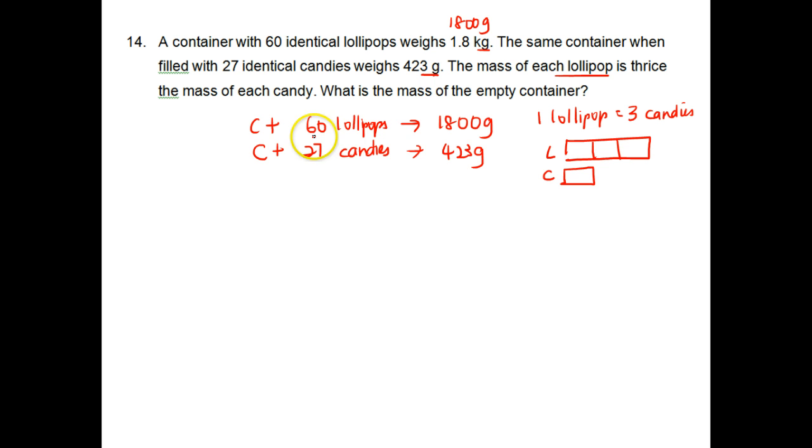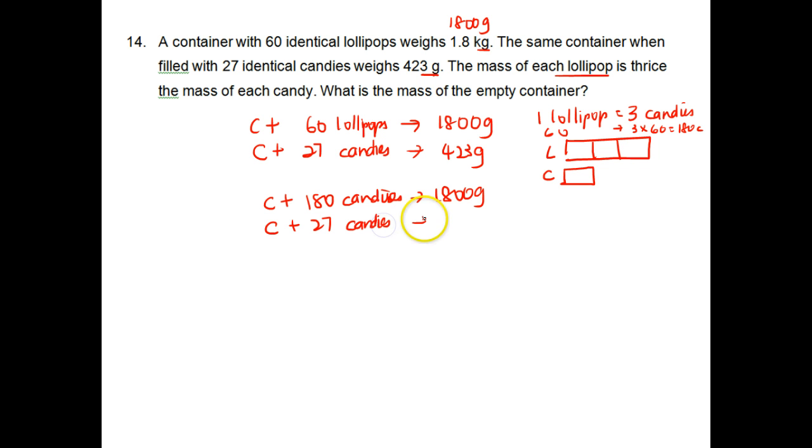So if I have 60 lollipops, to change to candies, 60 lollipops will be 3 times 60, which is 180 candies. 180 candies plus the container will be 1,800 grams, and the container plus 27 candies is 423 grams.